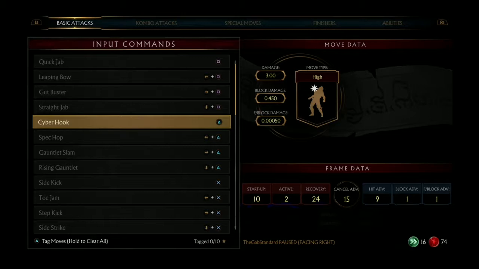Startup, recovery, block advantage. I don't really know what this means, or what's 24 got to do with 2, what's 9 got to do with 15. I have no idea what's going on. Even worse when you see a frame data chart with rows and rows of numbers, and it's just like, wow, headache. Can I just go back to playing games, please?